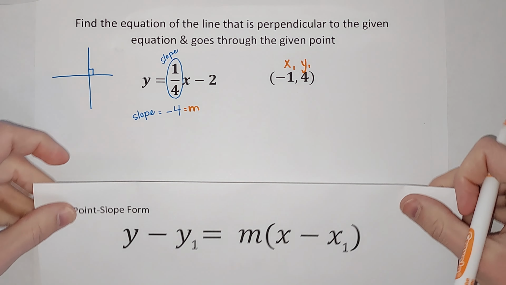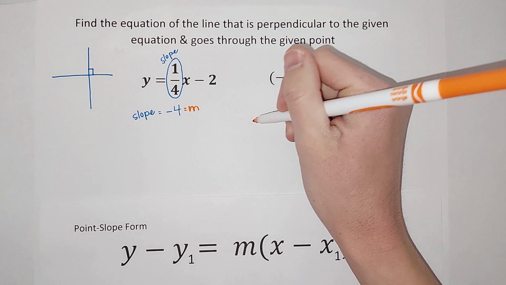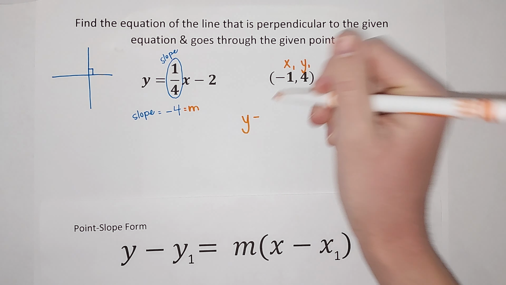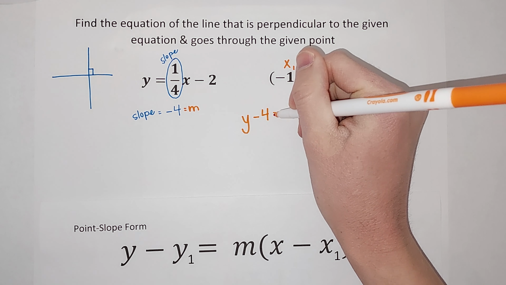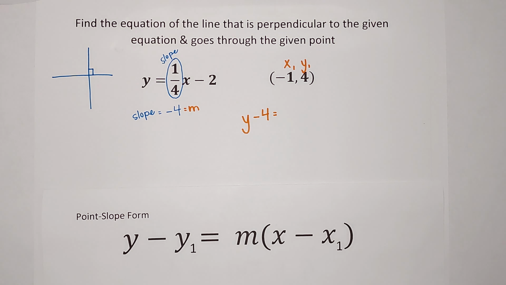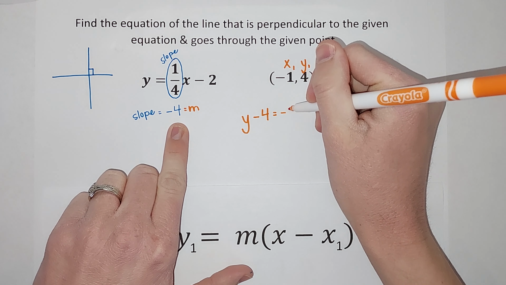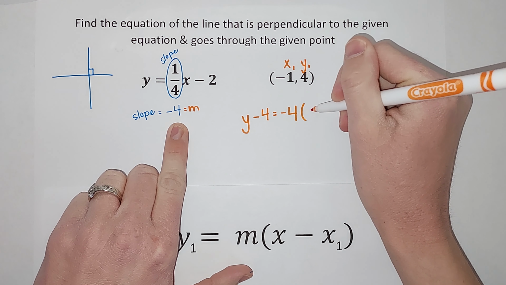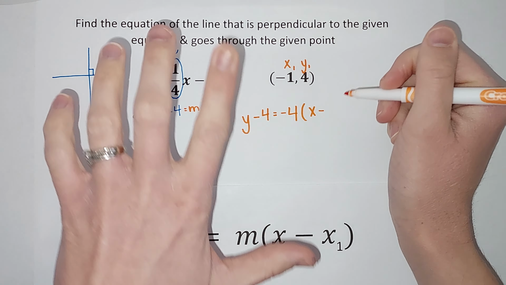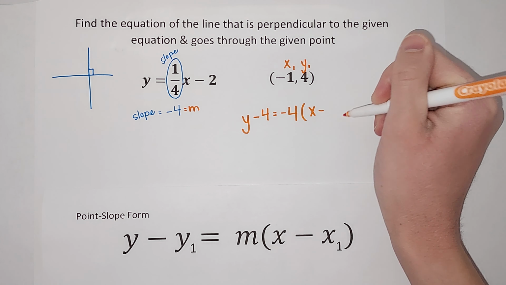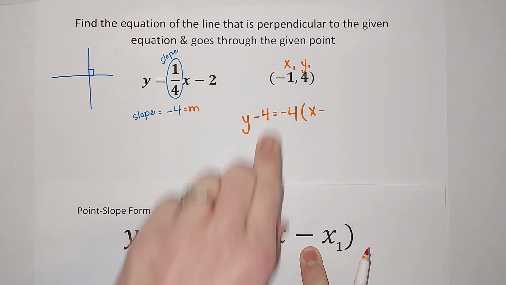So we are going to go ahead and fill this in. So we have y minus y1, which is 4, equals m, which is my slope, -4, times x minus x1. Now you might be tempted just to do -1, but we are subtracting a negative.